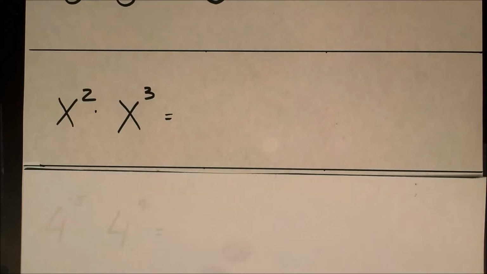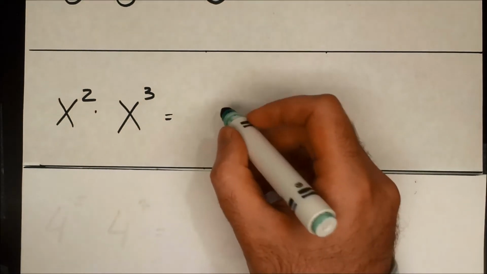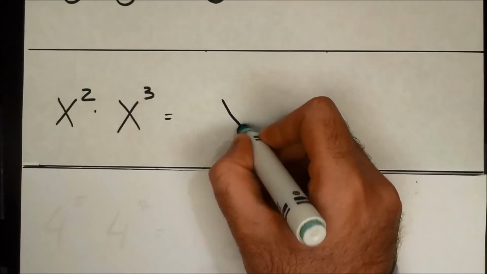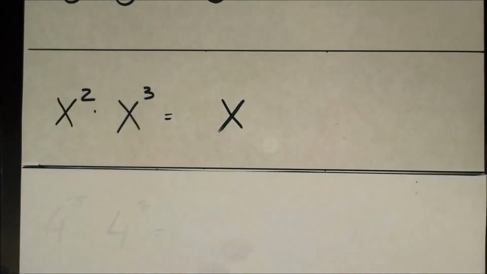Okay, so what do you think we should do here? What do you think we should do to the powers here? If you said add the powers and leave the base alone, you're absolutely correct. You leave the base alone if it's the same base, and you add the powers.